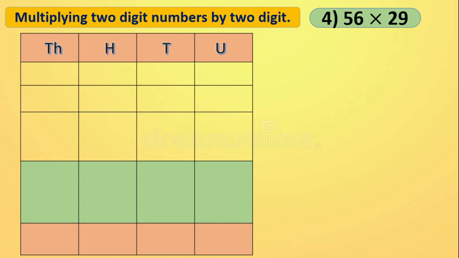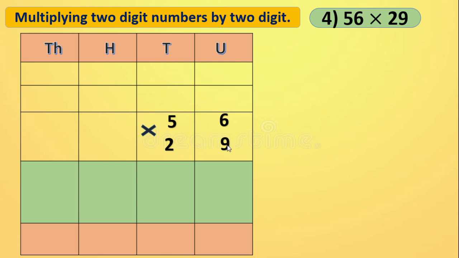Okay, you know that after 1000, the 10,000 column will be there. Okay, now we will write according to the places of these numbers. 5 in the tens column and 6 in the unit column. Right? Multiplied by 9 in the unit column and 2 in the tens column. Remember this? How we have written? Please go through this properly.